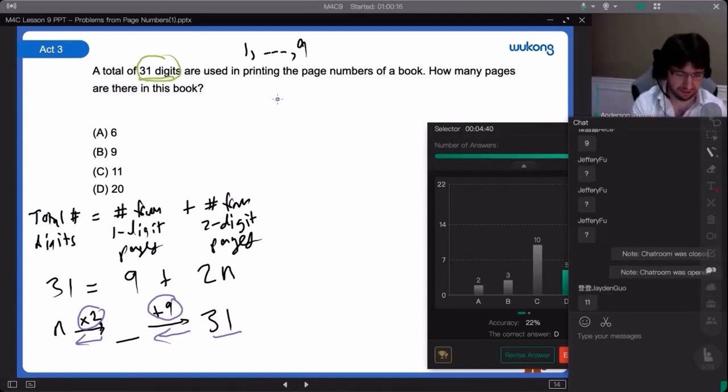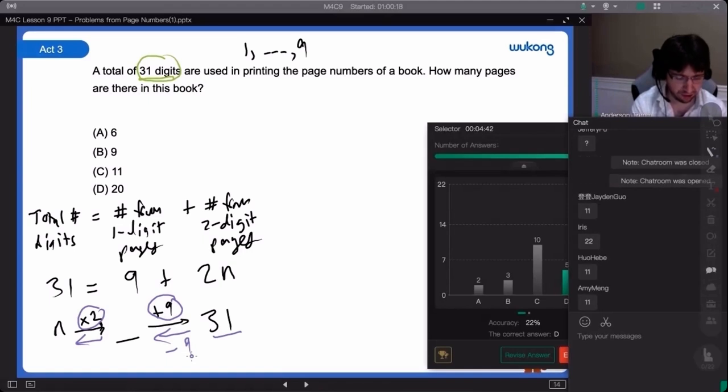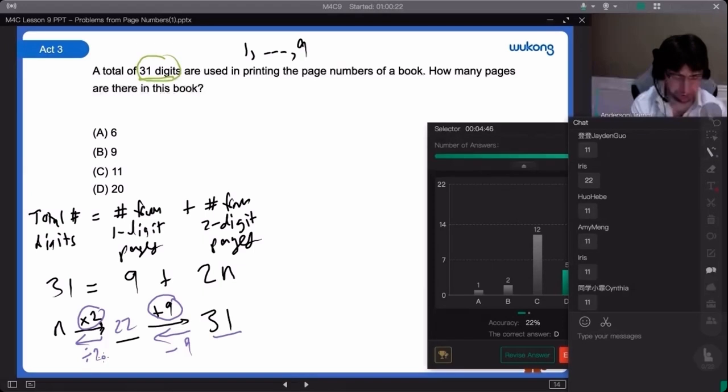All right, very good. So step 1, you want to subtract 9. That gives us 22. And then we divide by 2, and that gives us 11. All right, so n is equal to 11. So now we've got to go back to this equation, right? So n is 11.